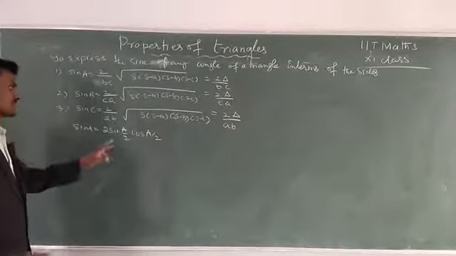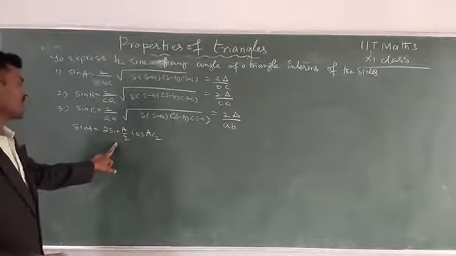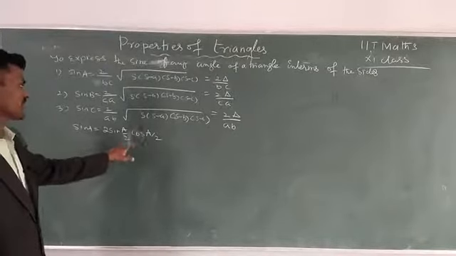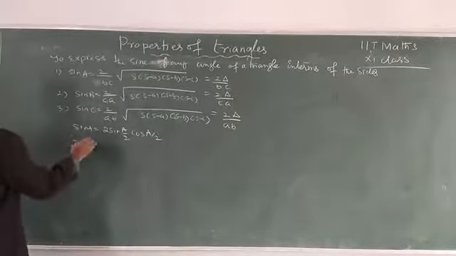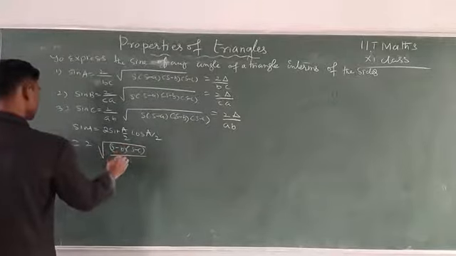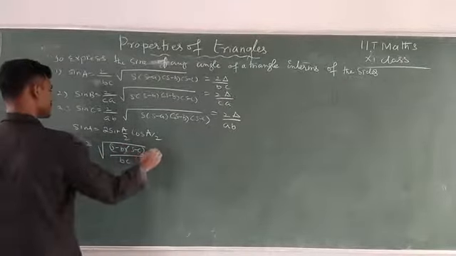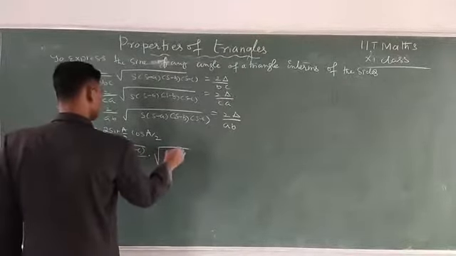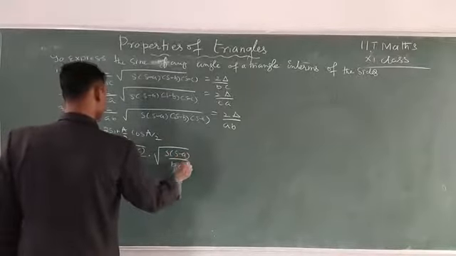Actually already we derived half angles in terms of sine and cos. See here, 2 times of this is under root of (s minus b) into (s minus c) by bc, into this, under root of s into (s minus a) by bc.